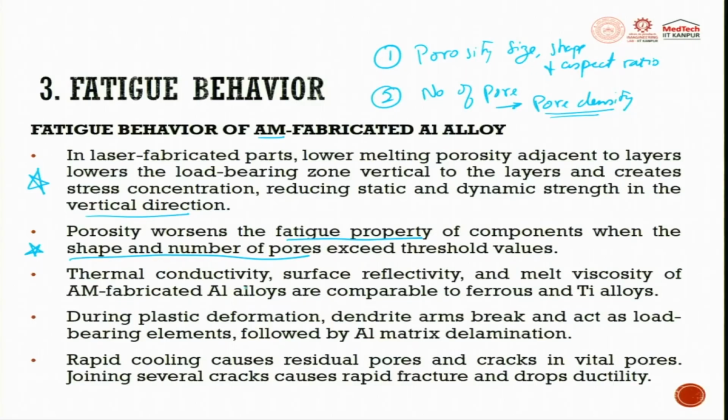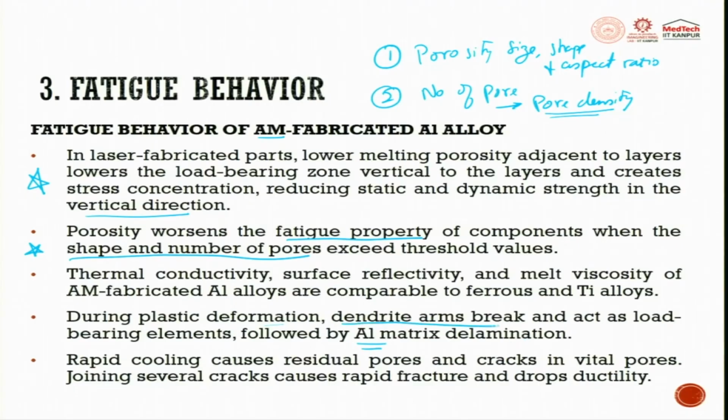The thermal conductivity, surface reflectivity and melt viscosity of additive manufactured aluminum alloys are comparable to ferrous and titanium alloys. During plastic deformation, the dendritic arm breaks and acts as a load bearing element, followed by aluminum matrix delamination. So, this is how the failure happens in aluminum.